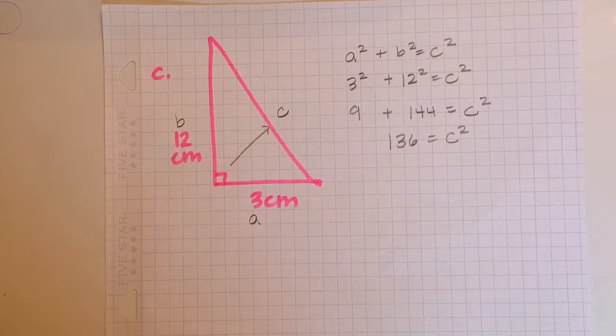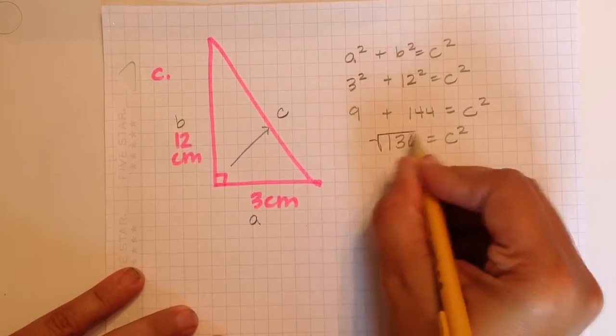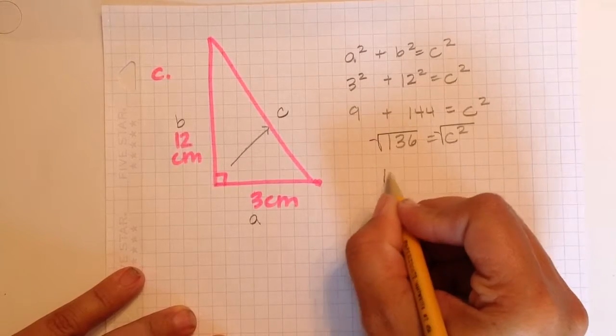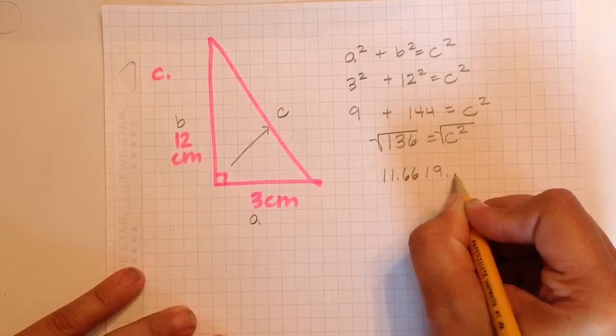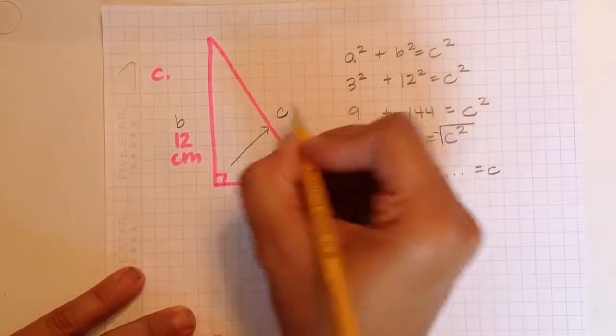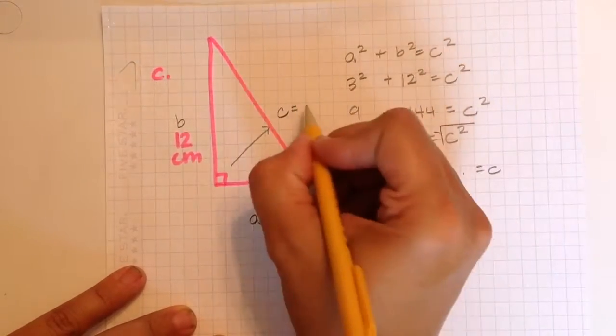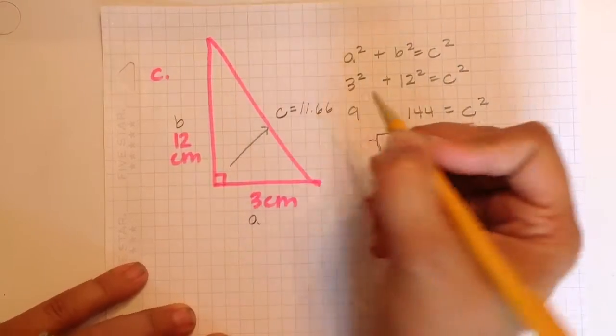So the square root of 136 is 11.6619 and so on. So if I round this to 2 decimal places, this is 11.66.